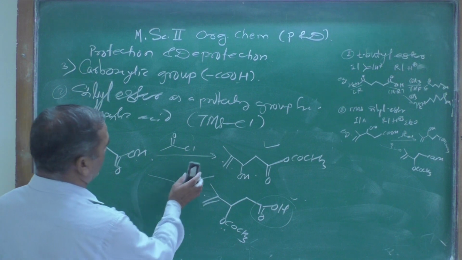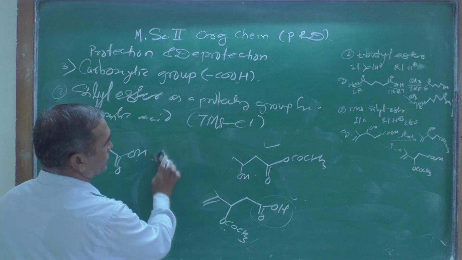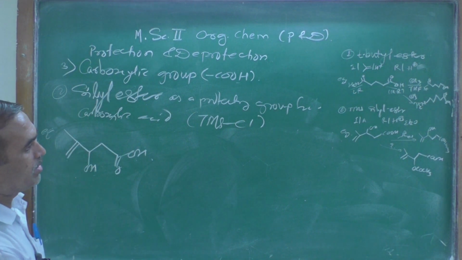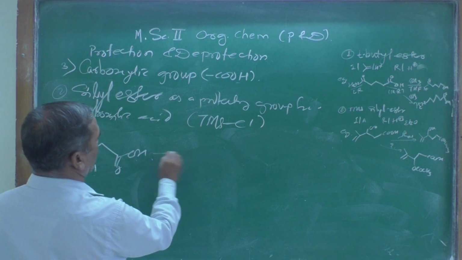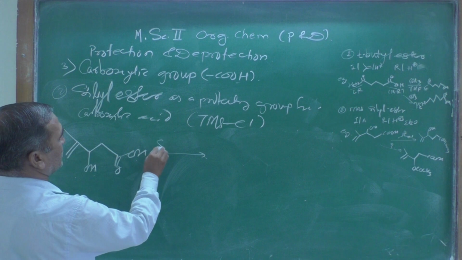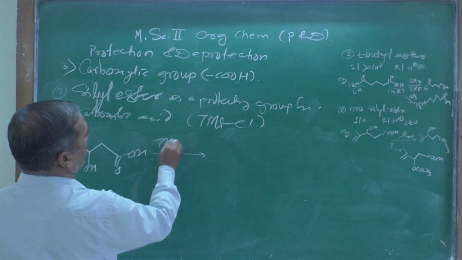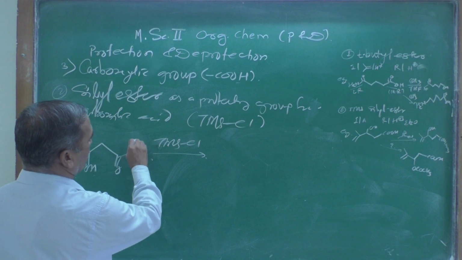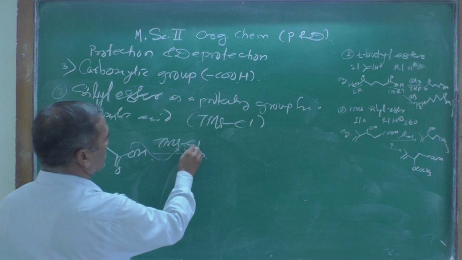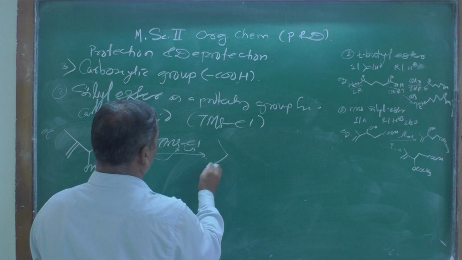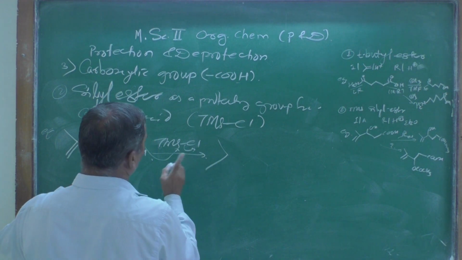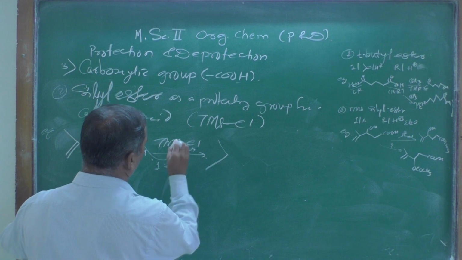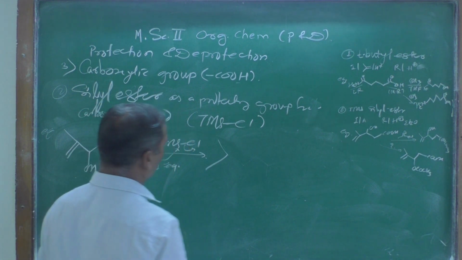Now let us look at this. First, we are going to treat this compound with TMS, trimethylsilyl chloride. What will happen? It is going to attack, with Cl departing. An alcohol is there, but we can use only one equivalent of trimethylsilyl chloride.